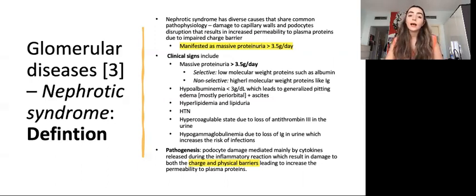Then we also have hypoalbuminemia, which leads to pitting edema, mostly periorbital, and it can also be ascites. There's hyperlipidemia and lipiduria, and this occurs because the liver tries to compensate for the lack of protein by increasing production of lipoproteins. And this is why you get hyperlipidemia and lipiduria.